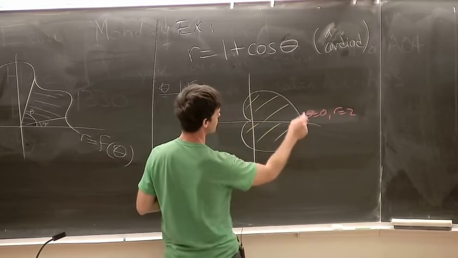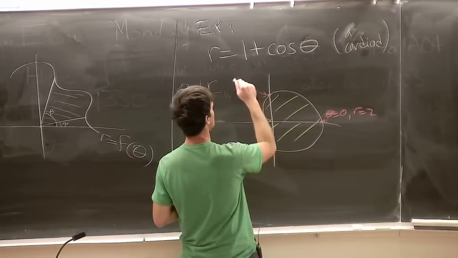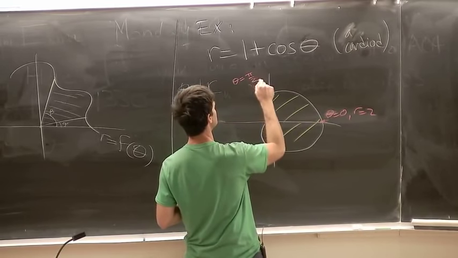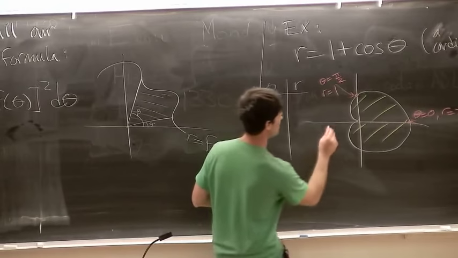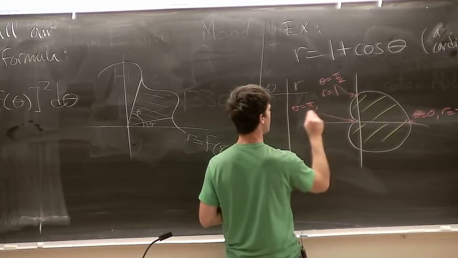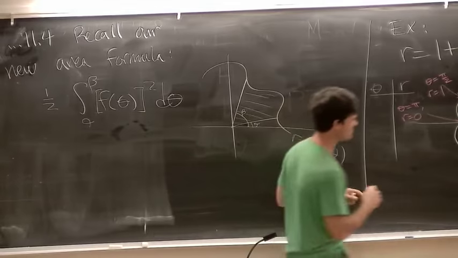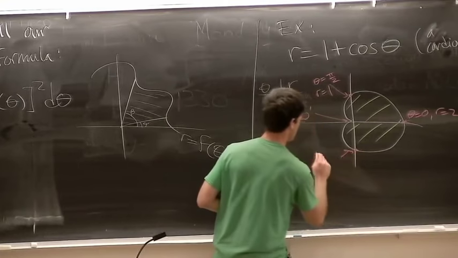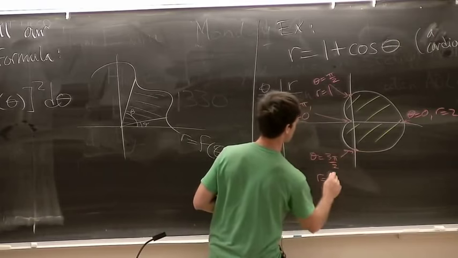We had other points, like right here, for example, theta was pi over 2 and r was 1. Right here we had theta was pi and r was 0. This point, theta was 3 pi over 2, r was 1 again.